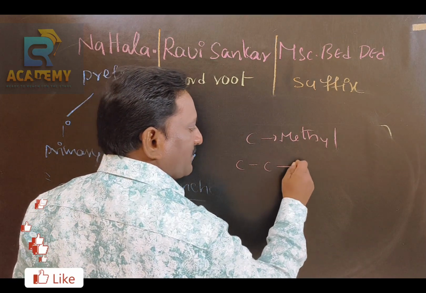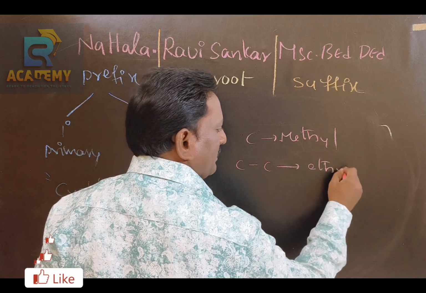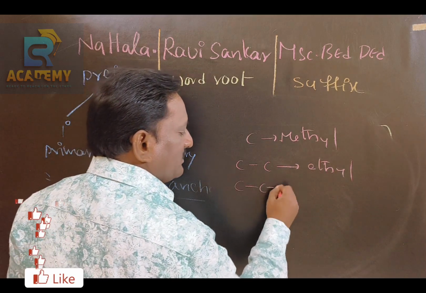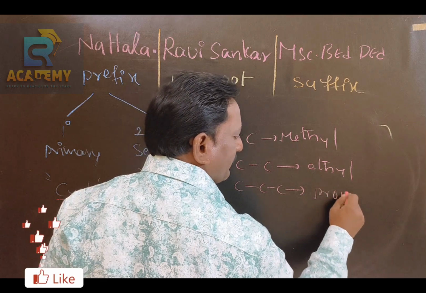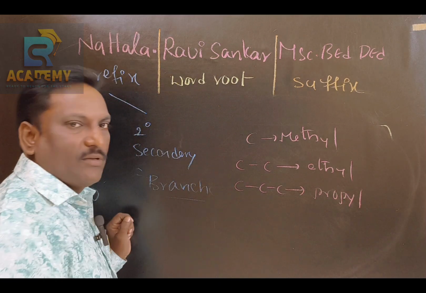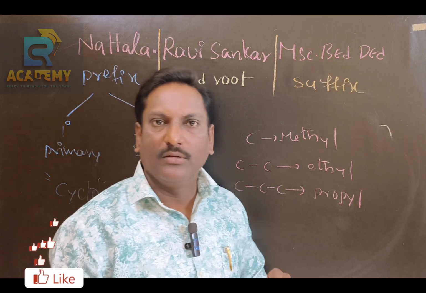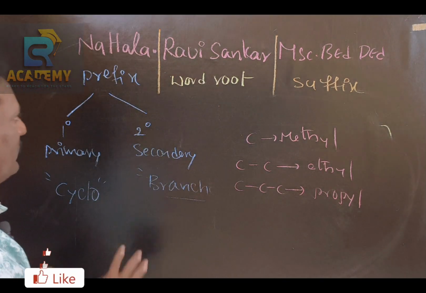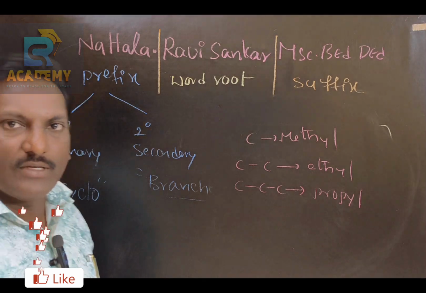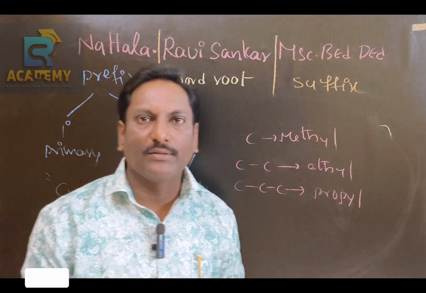Two carbons appear as branch, it is called ethyl. Three carbons appear as branch, it is called propyl. Four carbons, butyl, pentyl, and so on. Right? So branches. Is it clear about prefix? Is it clear? Right. Very important.